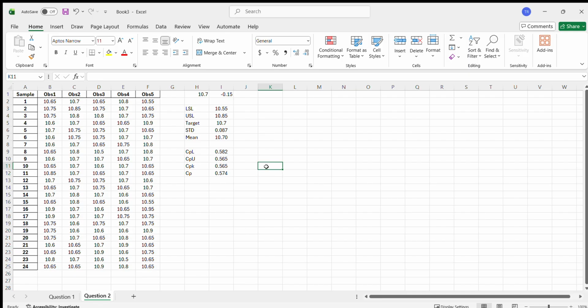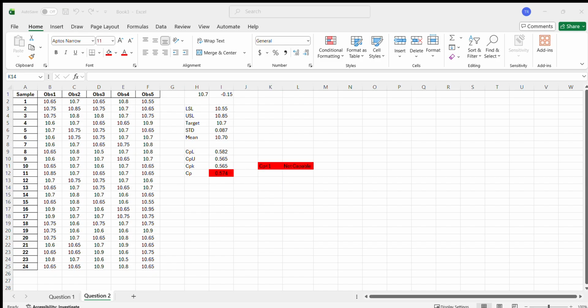So right off the bat, we can determine that the CP is less than 1, therefore it's not capable. Let's just highlight that red for right now.